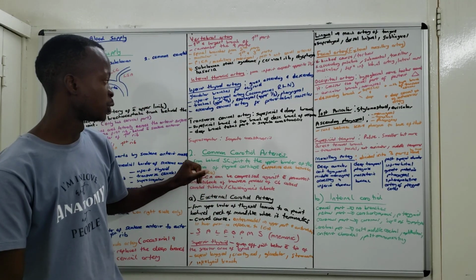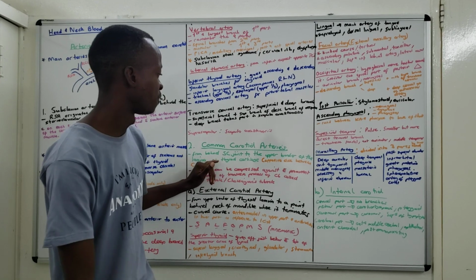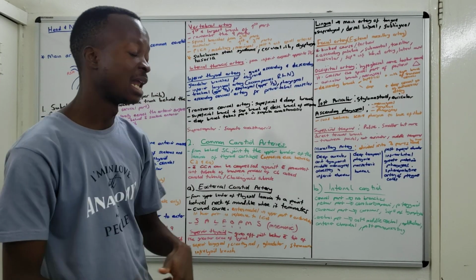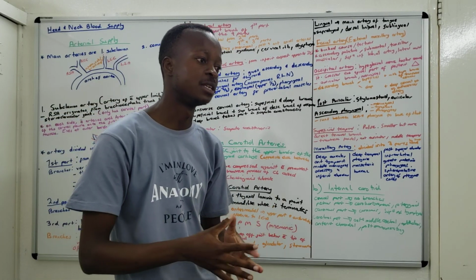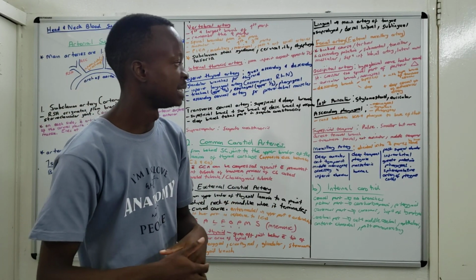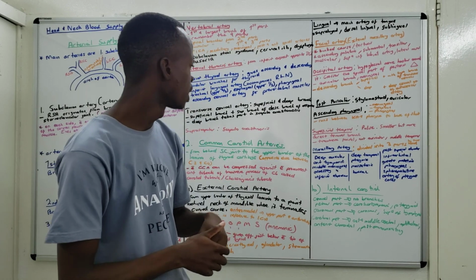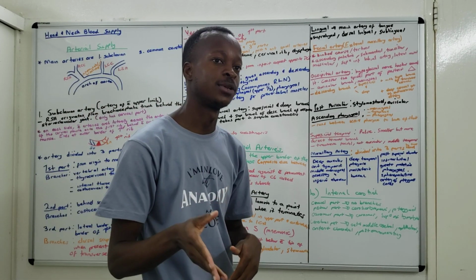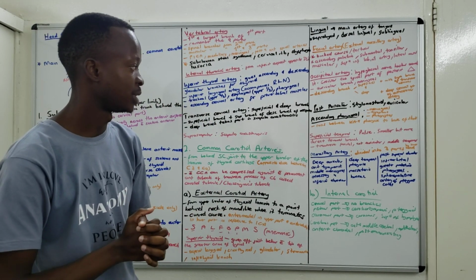So these are arteries that run from behind your sternoclavicular joint to the upper border of the lamina of the thyroid cartilage, or you can even say directly opposite the disc between C3 and C4, where they're going to then divide into an external carotid artery and an internal carotid artery.